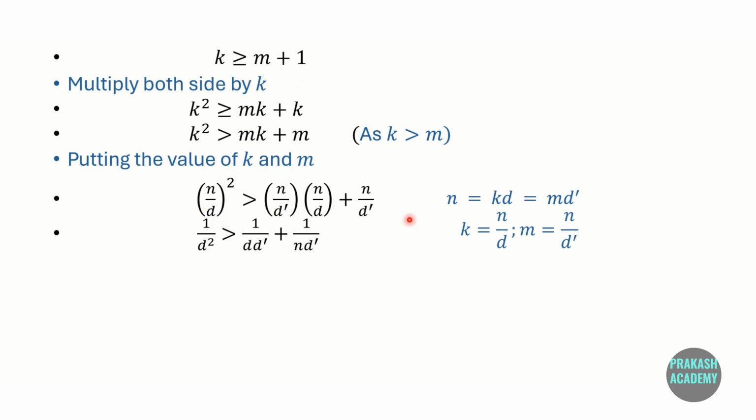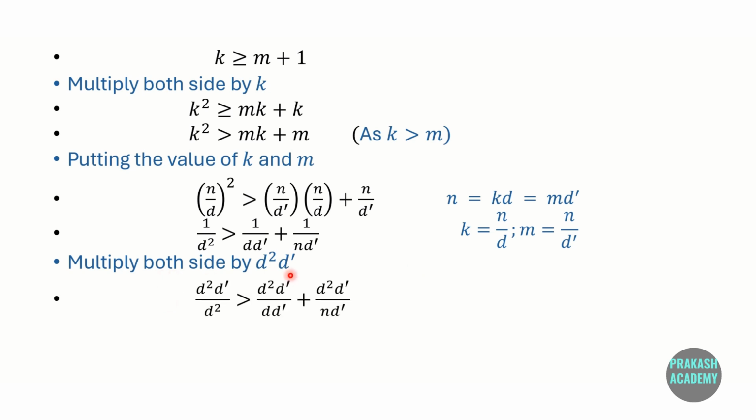If you divide throughout by n square, this n square will cancel, this n square will also cancel, and this n will cancel, and in the denominator I will have n. So now I have this condition: 1 by d square is greater than or equal to 1 by d times d dash, and this 1 by n times d dash. Now multiply both sides by d square times d dash.